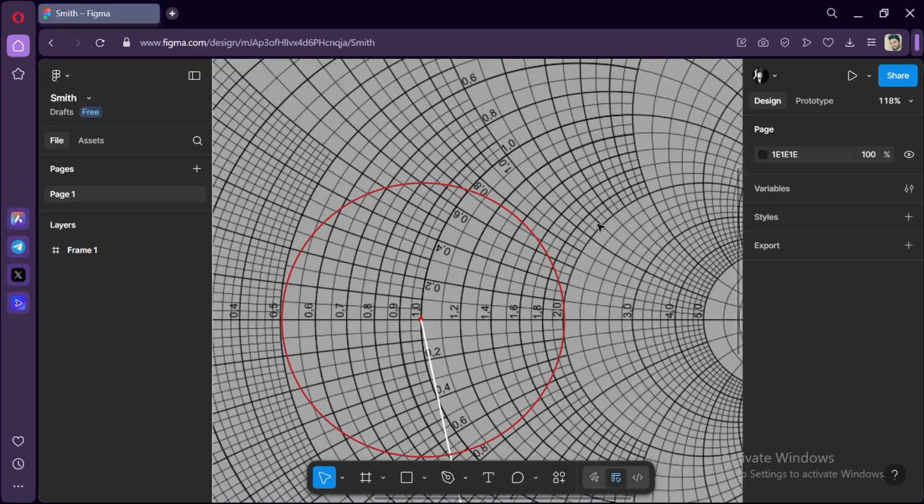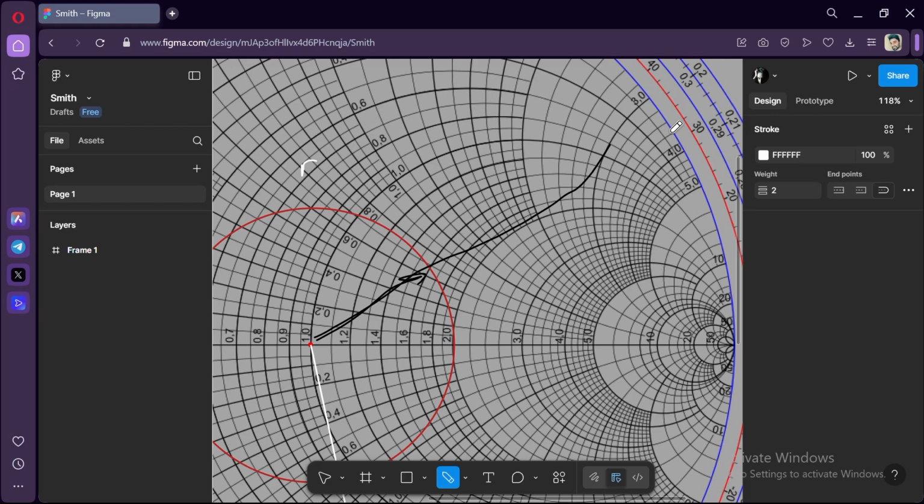Let's say this is our SWR circle. To find the reflection coefficient, we need the ratio of this distance to this big one until the inner circle here.